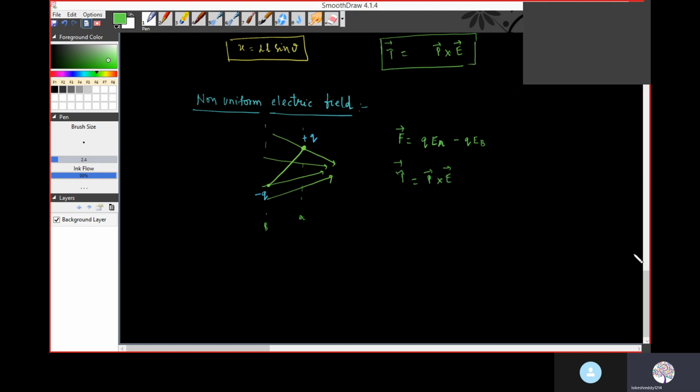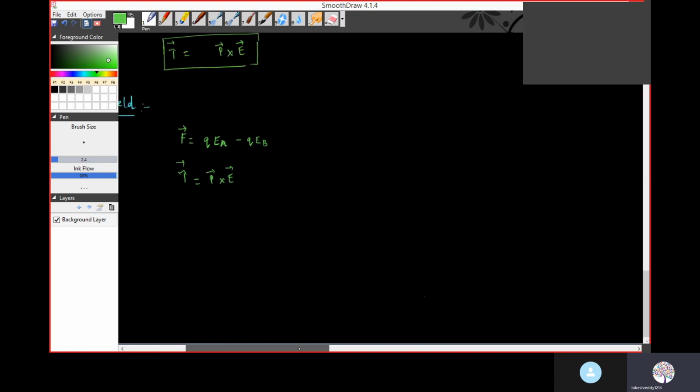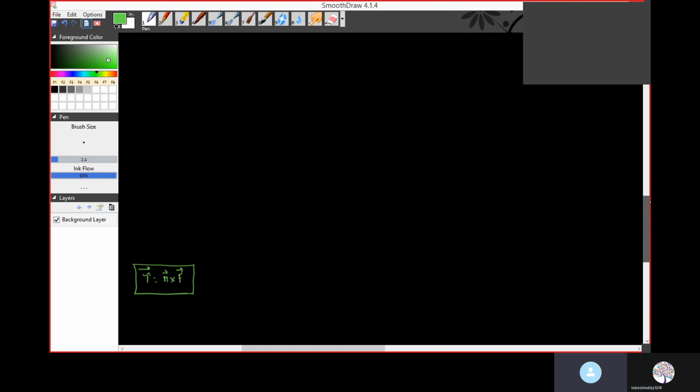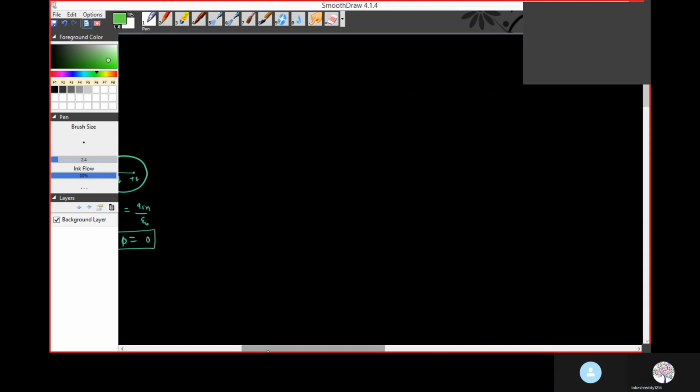Then the next point is work done in rotating a dipole in a uniform electric field.